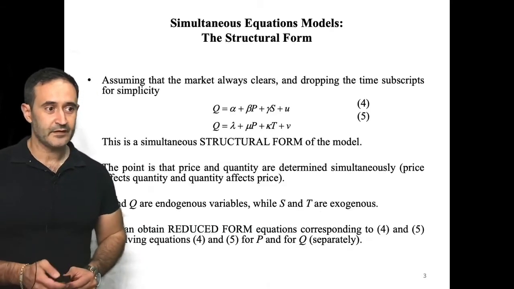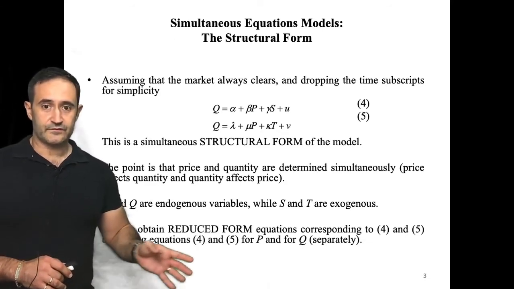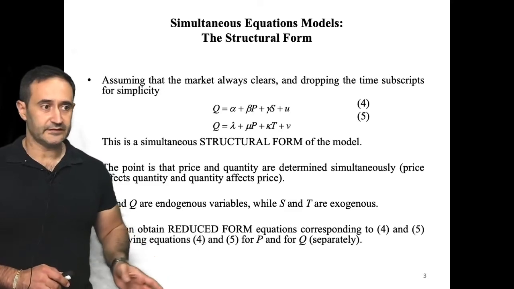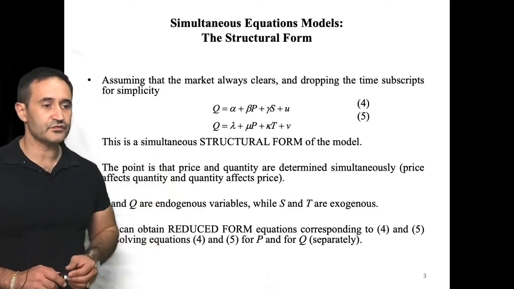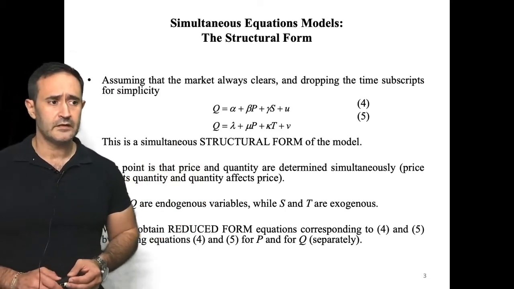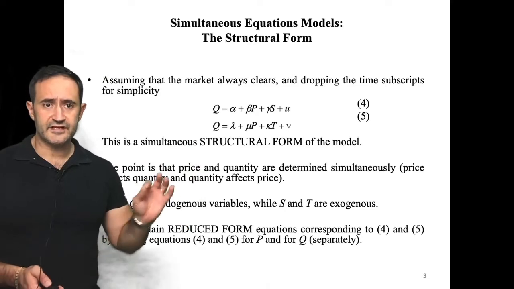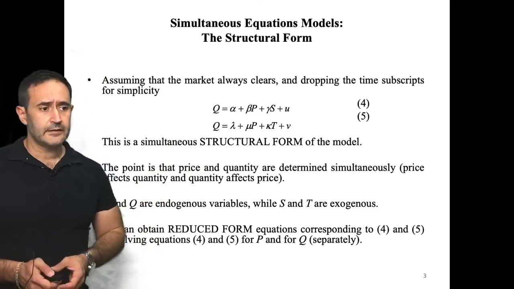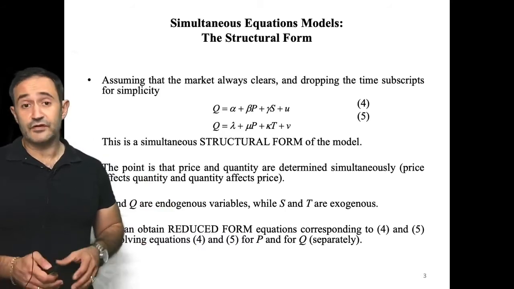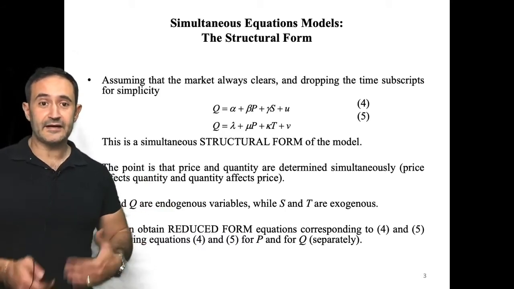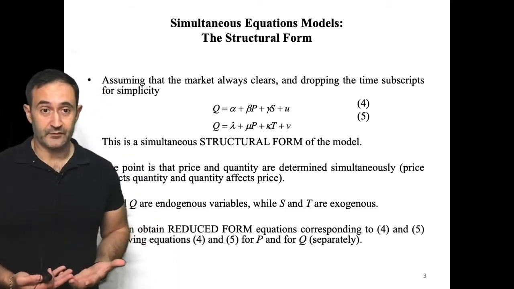And then we have a problem, and I'll explain in a second what the problem is. We can rewrite those equations as equations 4 and 5. This is what you have there, the simultaneous structural form of the model, and basically we have removed all the subscripts for time. Again, mathematically, if we know alpha, beta, gamma, etc., and we don't know Q and P, this is very easy to do.